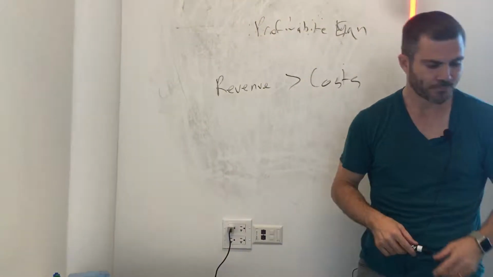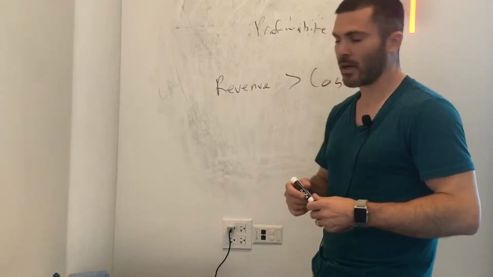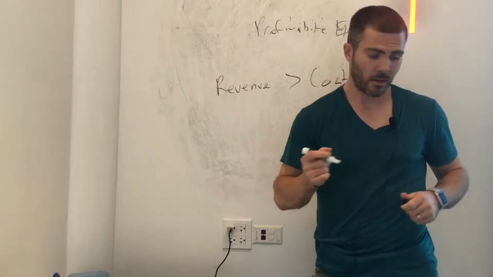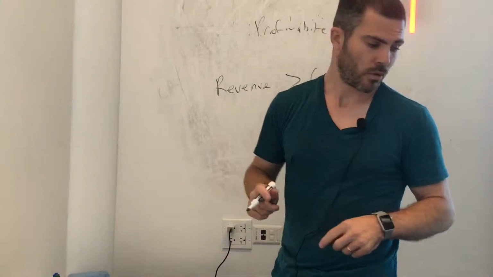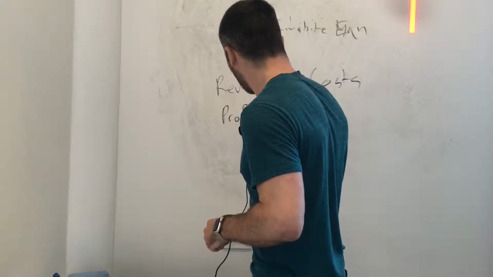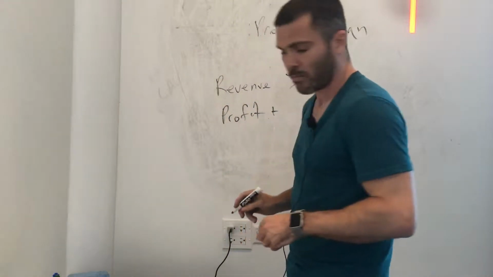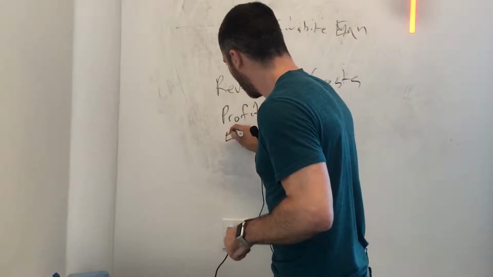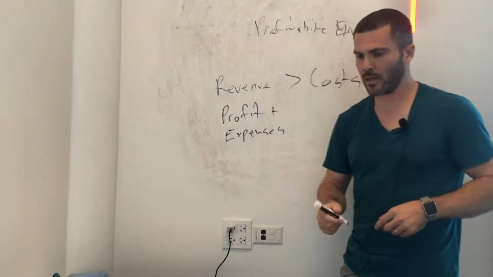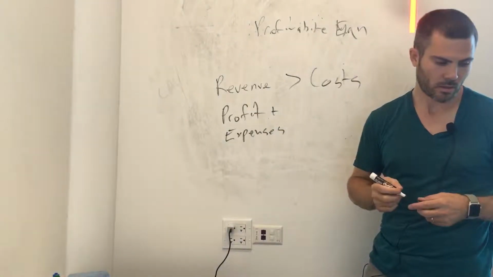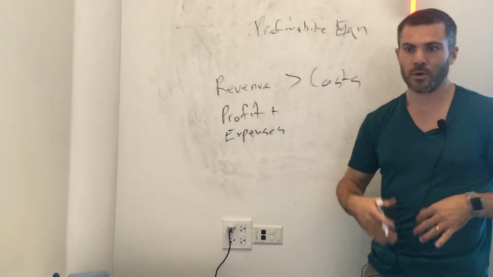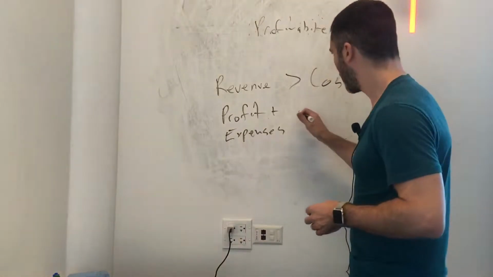Pretty simple. So let's expand that out a little bit to be a little more granular. What is revenue composed of? Well, really, revenue is composed of profit plus expenses. So the amount of surplus we get by selling our good or service, plus the amount that needs to go into creating that good or service.